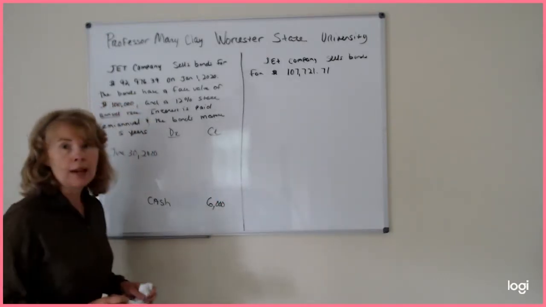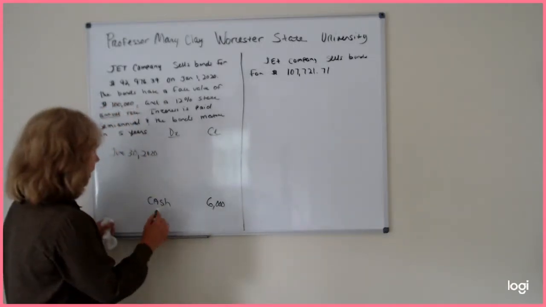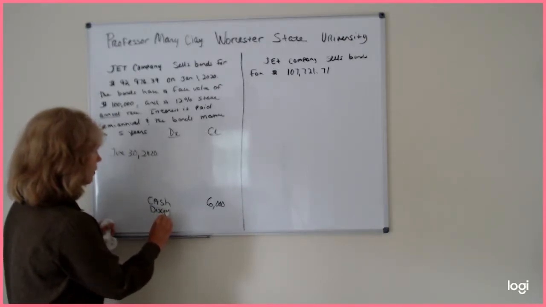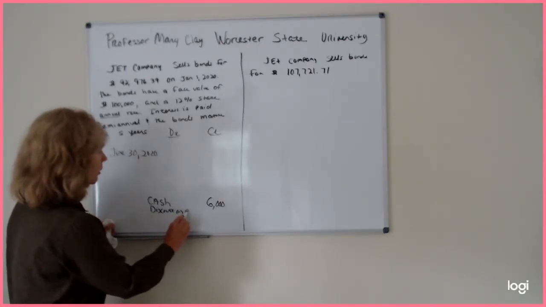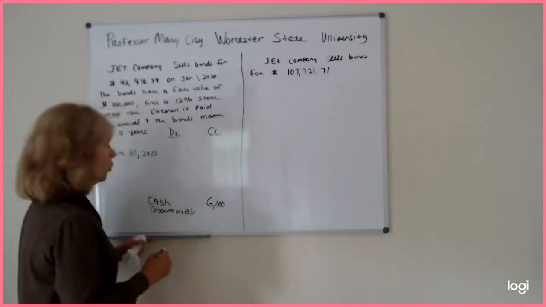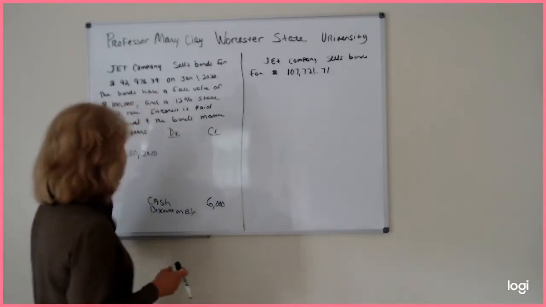Next thing that we already figured out was the amortization. So we have discount on bond payable. Even though it's amortization, your textbook will call it discount on bond payable.